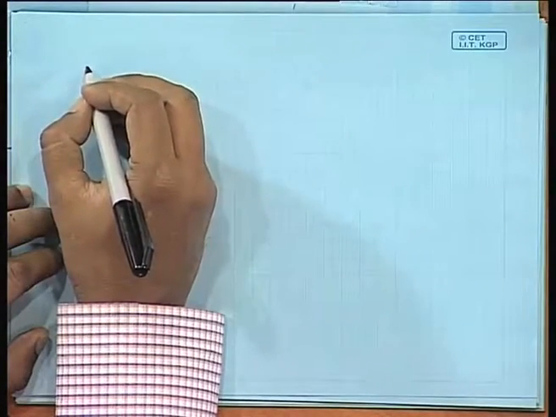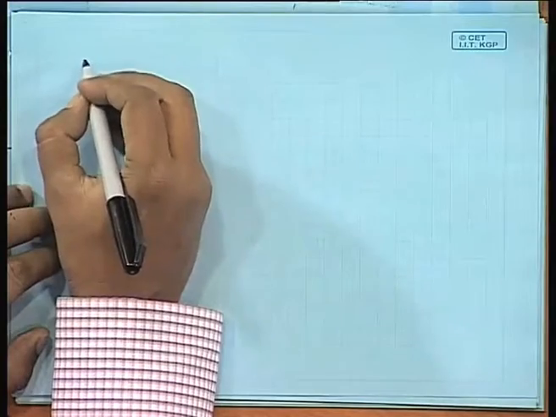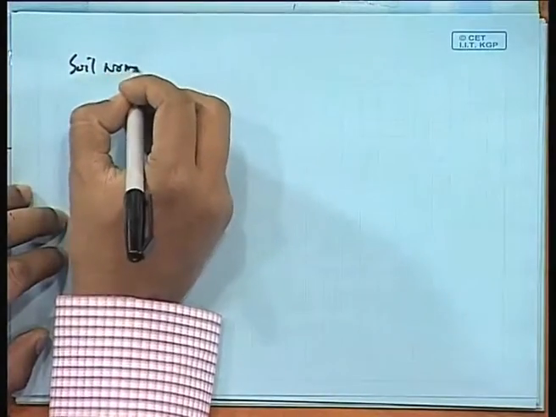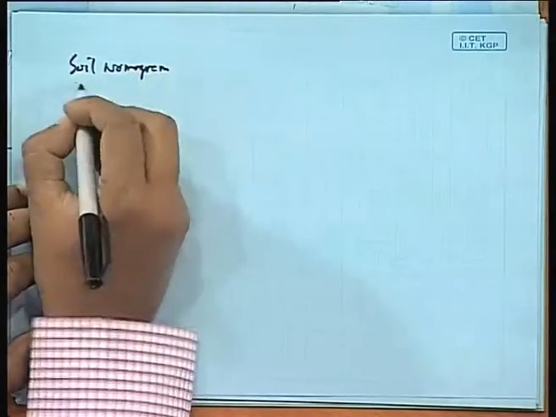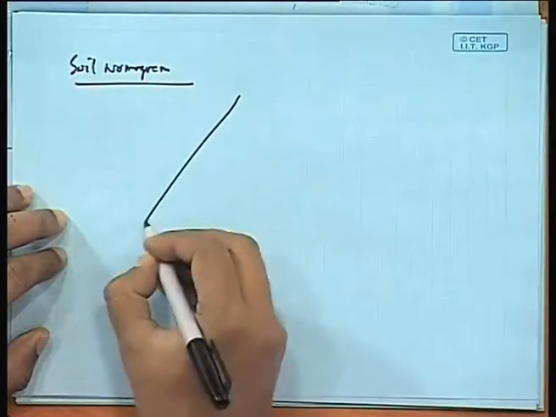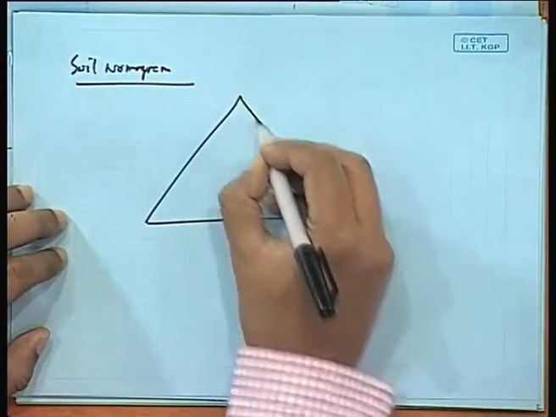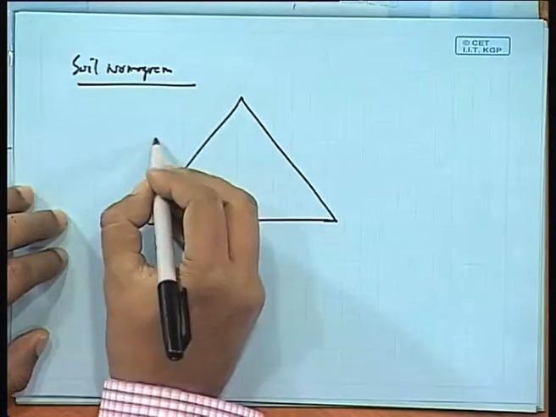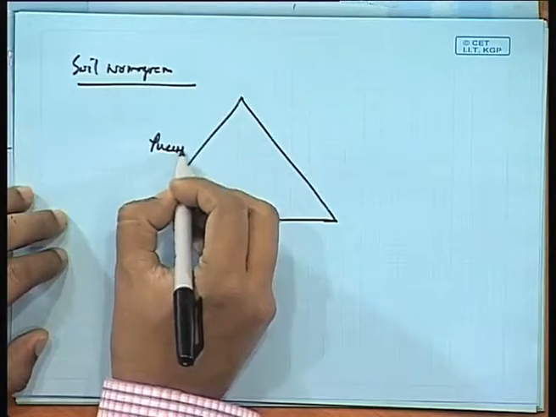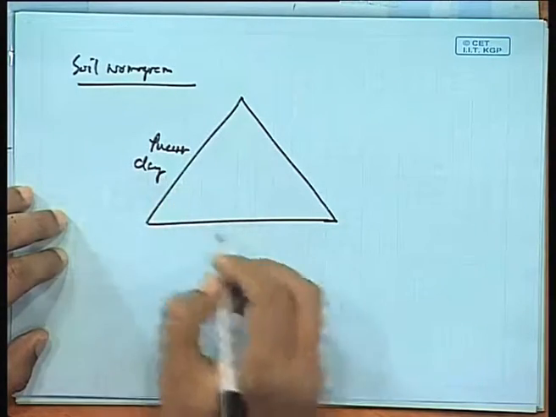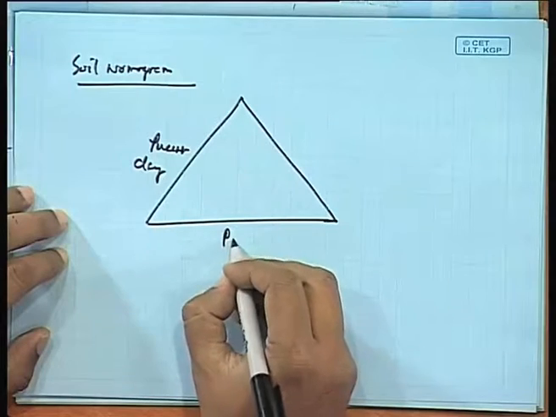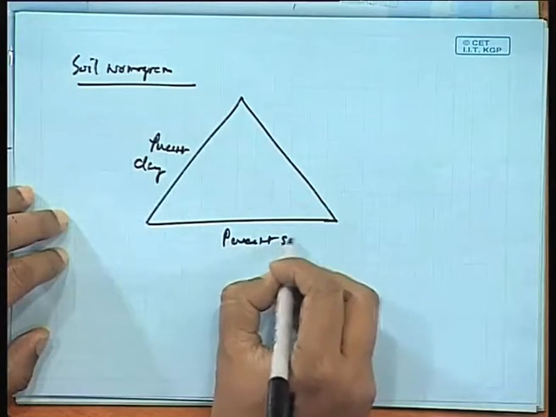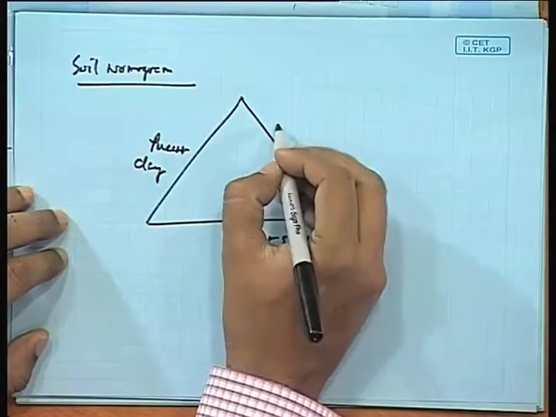Its basic characteristic is that it is a triangle. This is percent clay, percent sand, and percent silt.